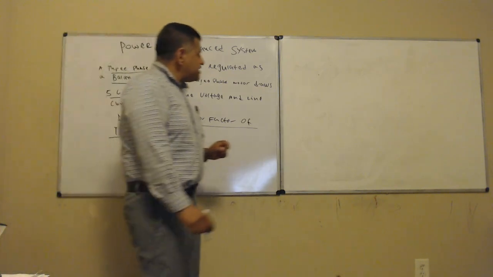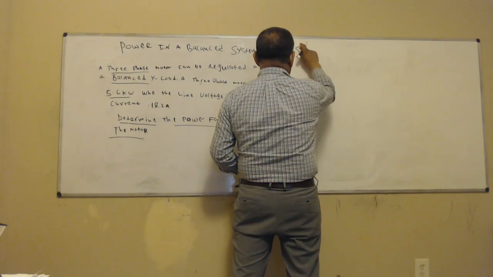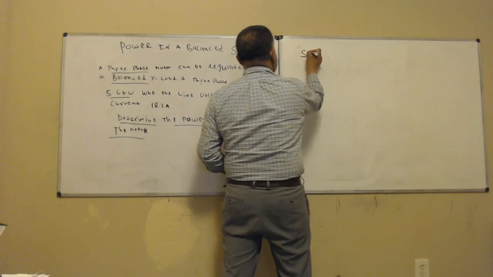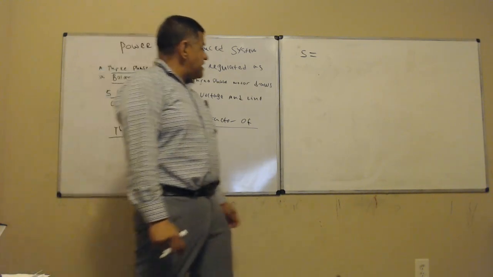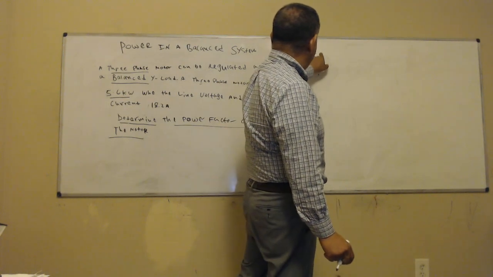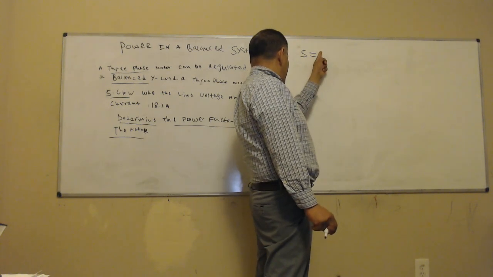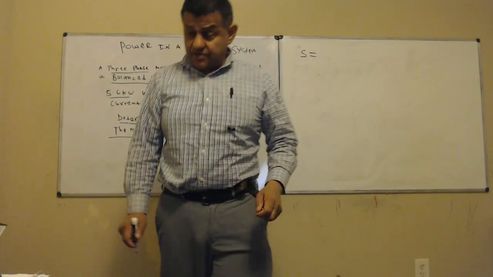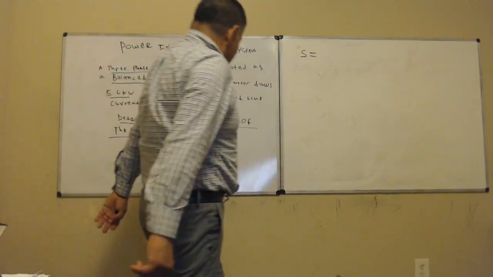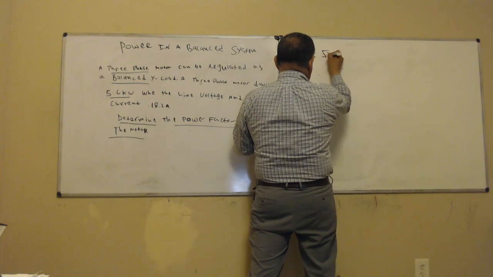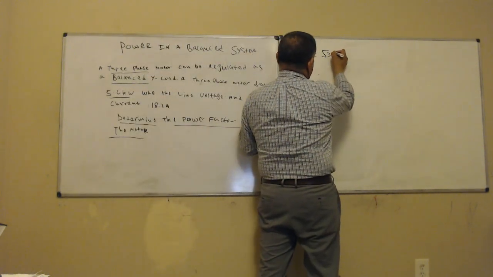But we know that S, the apparent power, is equal to the square root of 3 times the line voltage times the line current, because it's a three-phase system.